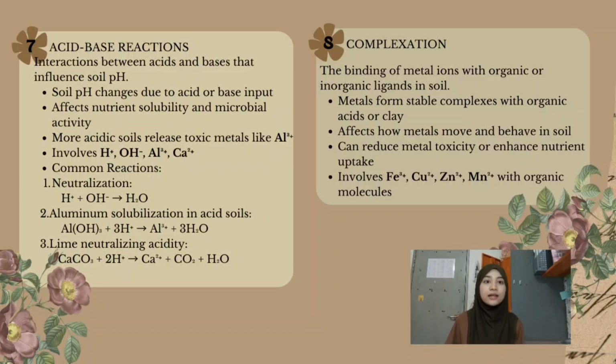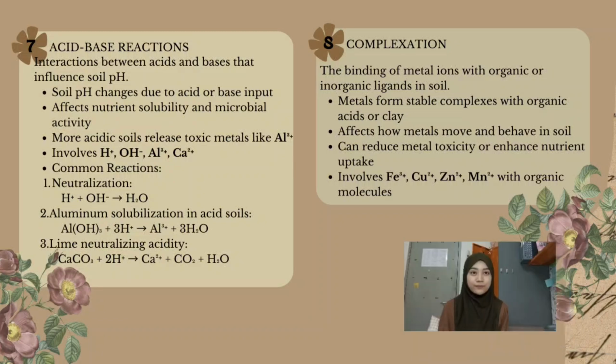The next one, aluminium hydroxide dissolves in acidic conditions and releases toxic aluminium ions. These changes affect nutrient solubility, with some nutrients becoming more or less available depending on pH. Soil pH also impacts microbial communities and processes such as nitrogen fixation.